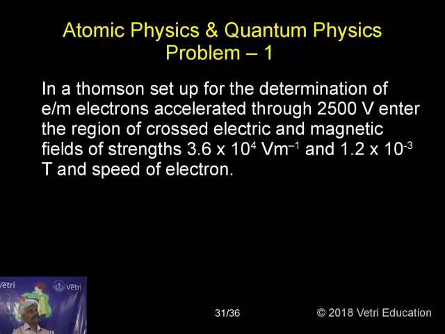Here two fields are applied. If the two fields are applied, it means both are balanced. From the application of the balance, kindly recall our discussion in the very beginning of the class itself. There are three methods: only magnetic field, only electric field, and both together.